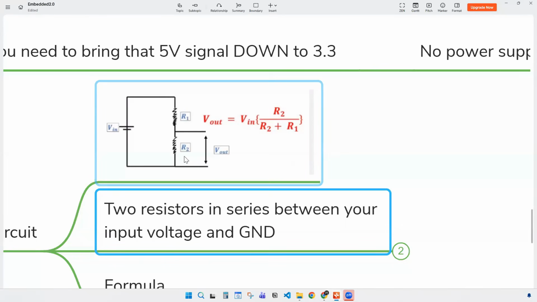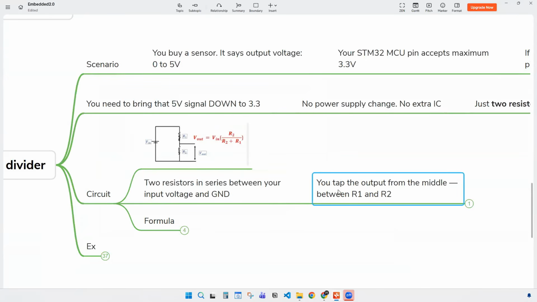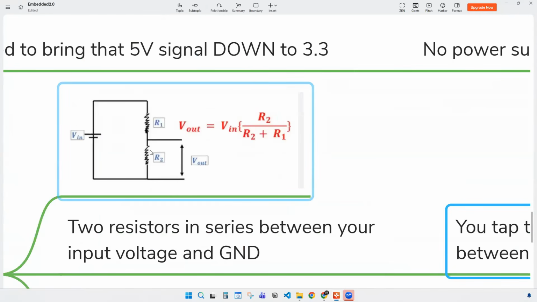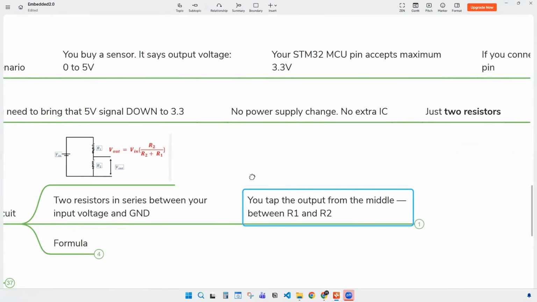That's it, just two resistors to solve that problem. Then, from the middle of R1 and R2, we are going to tap out a pin in parallel. So this pin you will be taking out.